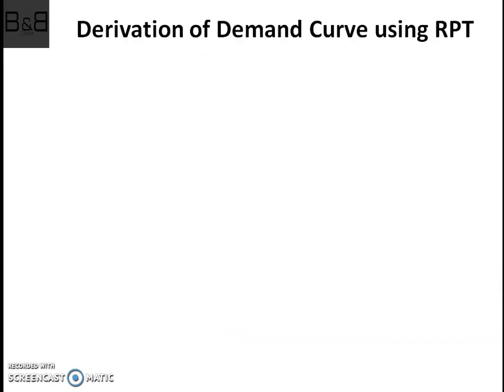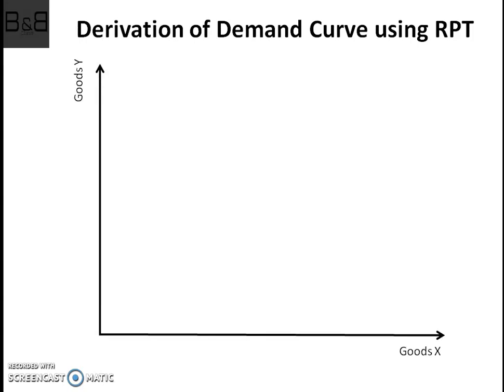Now moving forward, how to derive the individual demand curve using RPT. Let us suppose the same case where there are two goods X and Y represented on the X-axis and Y-axis. If the initial budget line provided to the consumer is AB, any bundle of goods X and Y that lies on the line AB is affordable and he can choose any of the bundles.